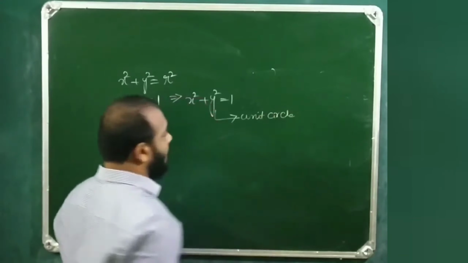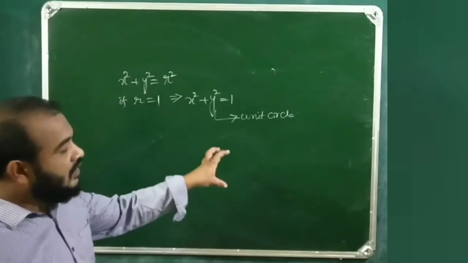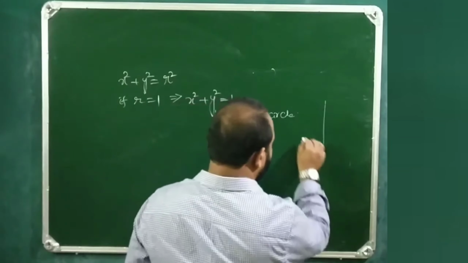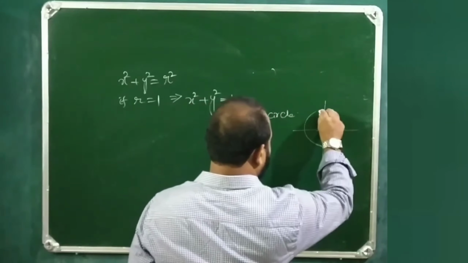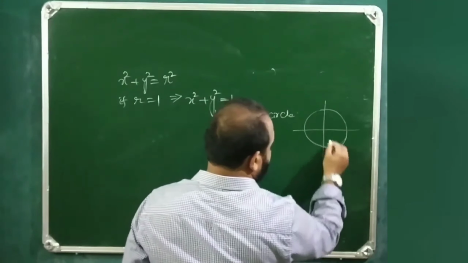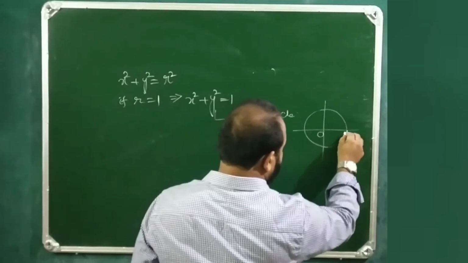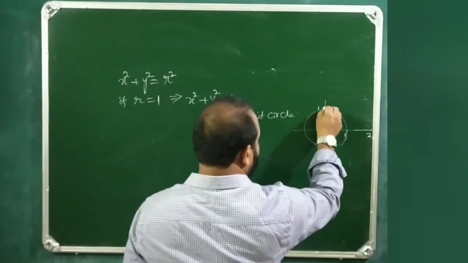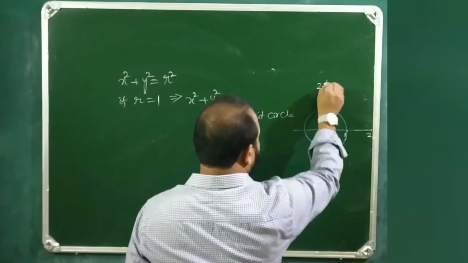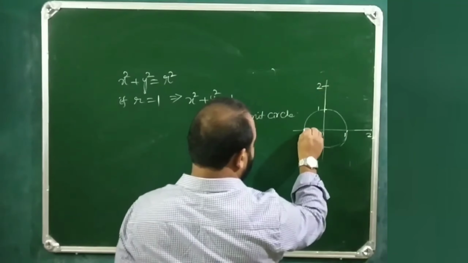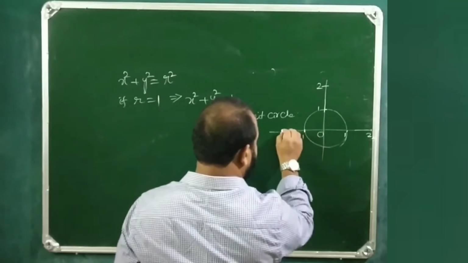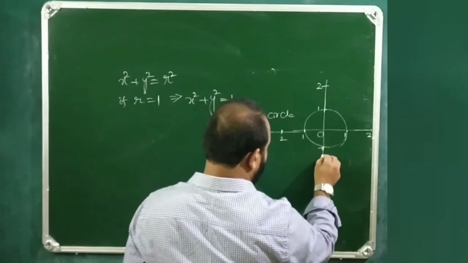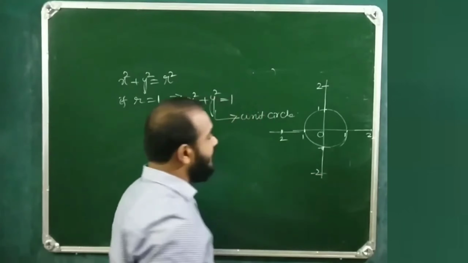Unit circle. What is a unit circle? The circle whose radius is equal to 1. So the circle is like this. This is 0, this is 1, this is 2, this is minus 1, this is minus 2.